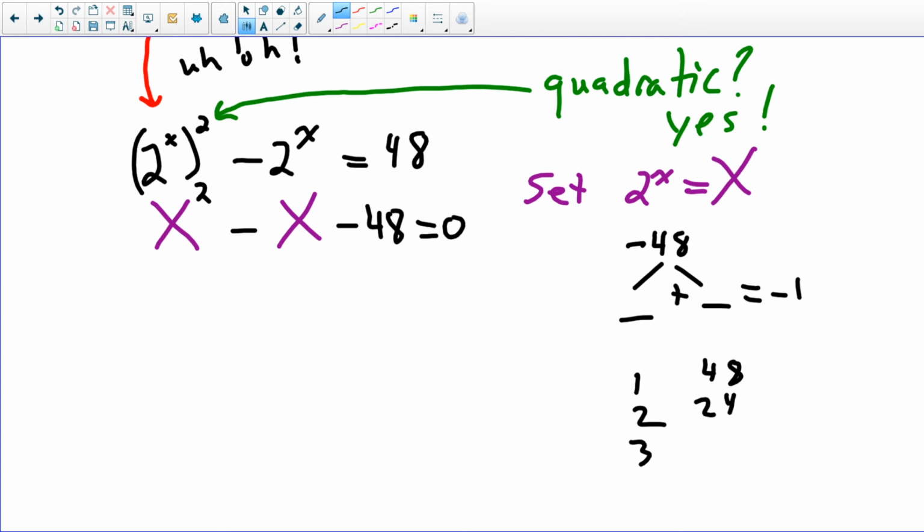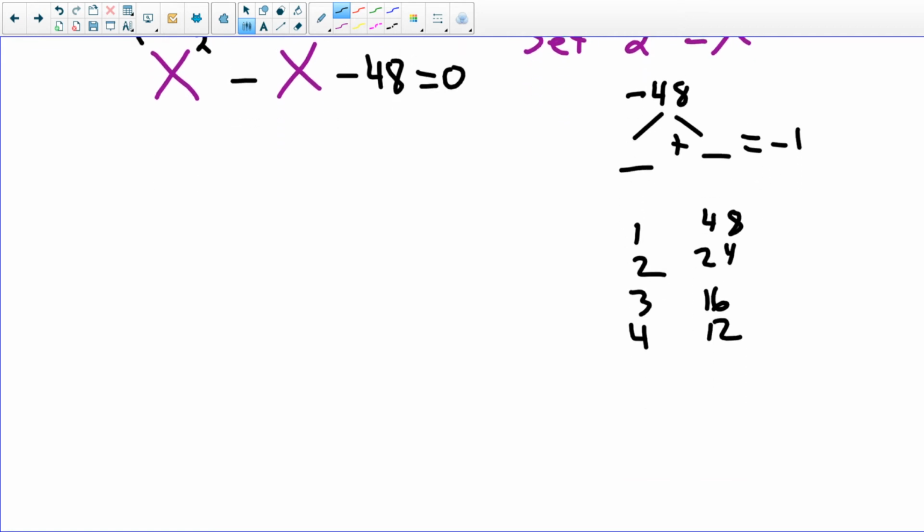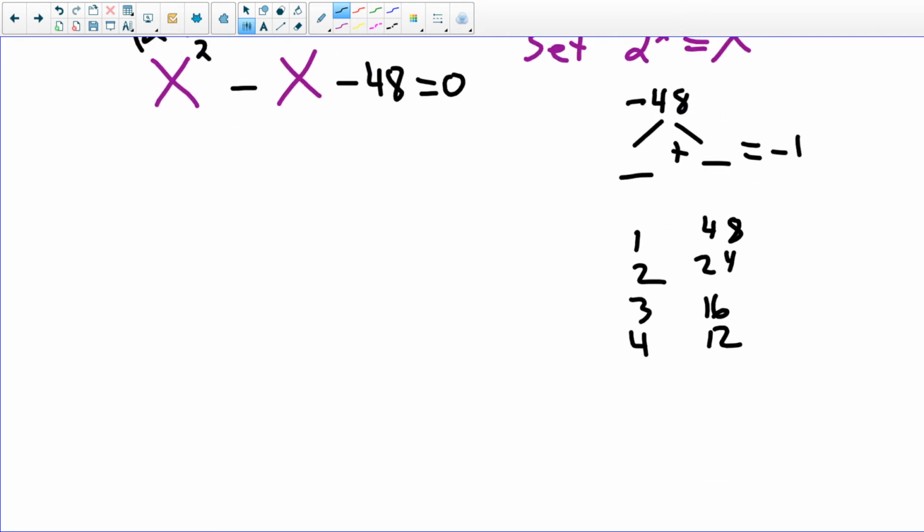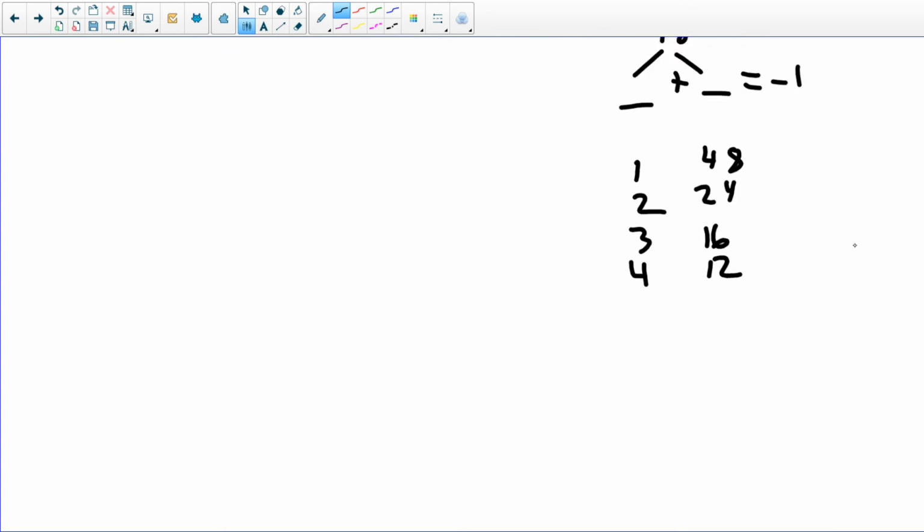I thought I had made it factorable. No, it's not.